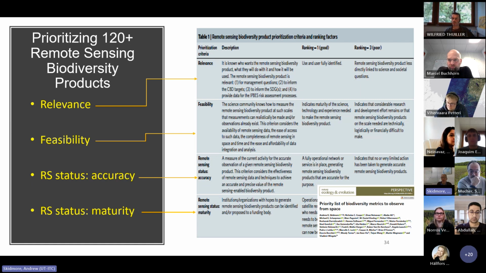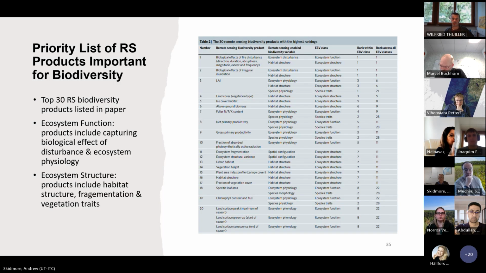So each product was grouped and standardized into some name, because a lot of people had different names for the same product. That was another confusion, right? So we first of all tried to standardize it into a certain product name, and then we had these prioritization products. And in the end, in this paper that was published in Nature Ecology and Evolution, we've got a priority list of remote sensing products which are important for biodiversity.